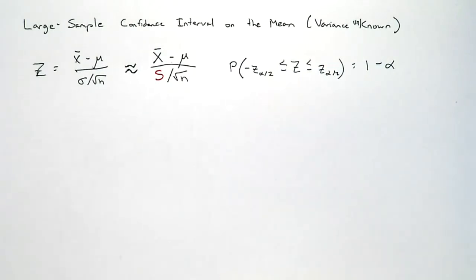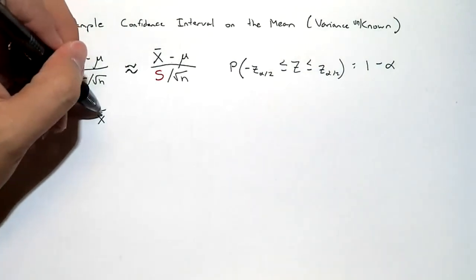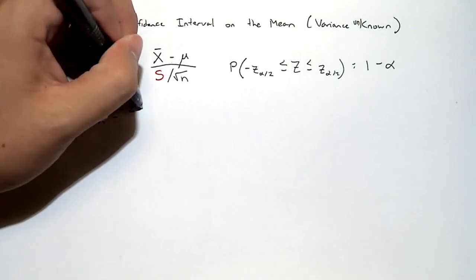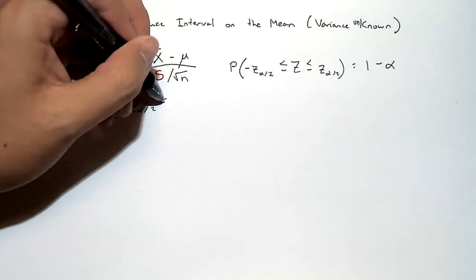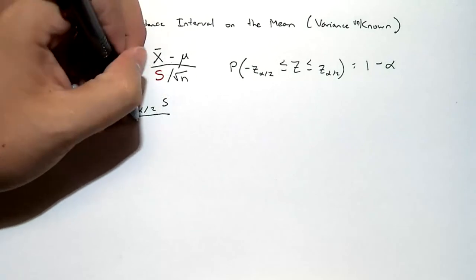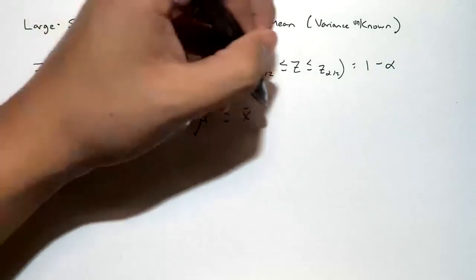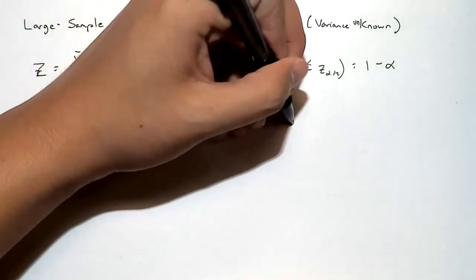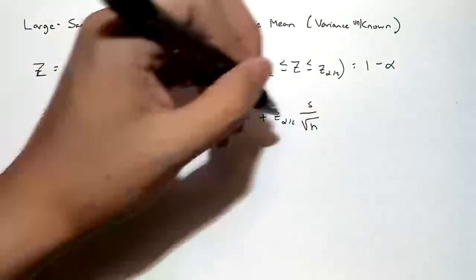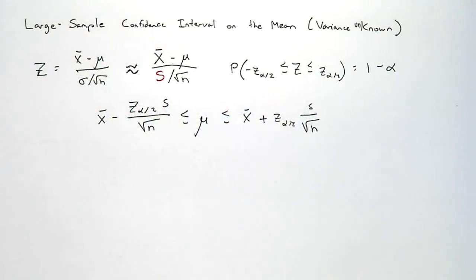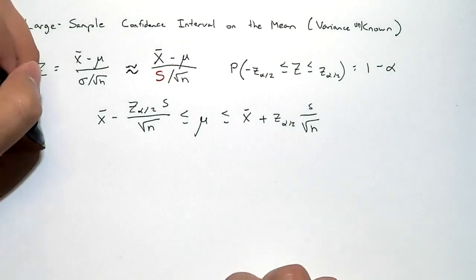Combining these two and rearranging, I get a confidence interval for a large sample with unknown variance, where in place of the unknown variance, we calculate the sample variance. You can see that the interval is virtually identical to the one we calculated earlier, except that in place of the standard deviation, we use the sample standard deviation.